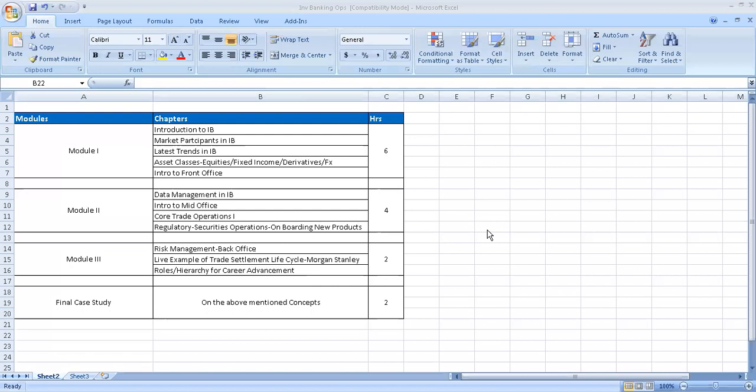And then the various asset classes, because these are the asset classes which will drive the investment banking course as such. We will be covering each of these, that is equities, followed by fixed income, derivatives, which also includes futures and forwards, and finally FX. In addition, I would be covering money market instruments, which play a major role.